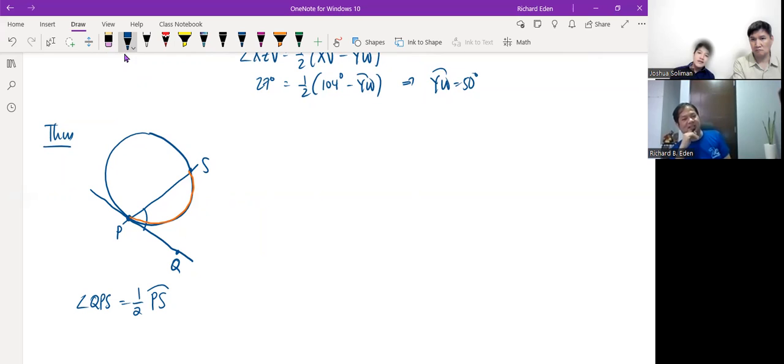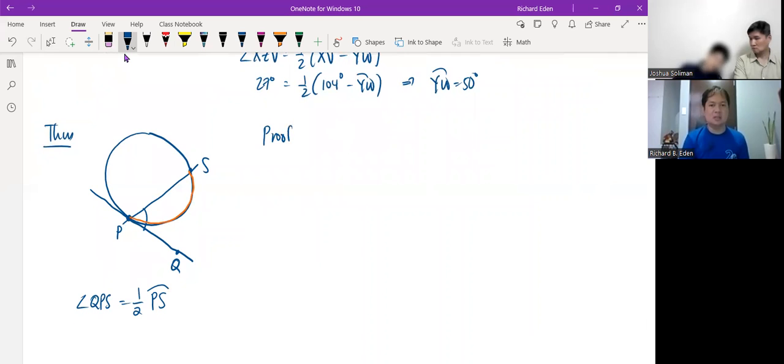Right, I see. So parang the inscribed angle theorem. So actually, that angle by the tangent and any inscribed angle, they're going to be congruent because they're all half of arc PS.